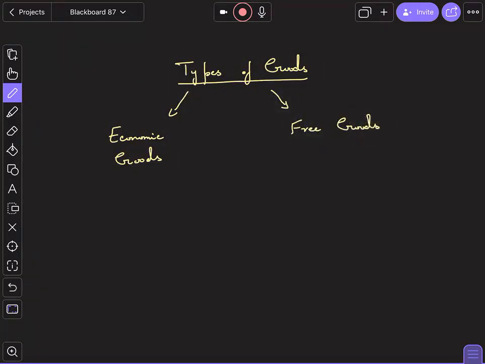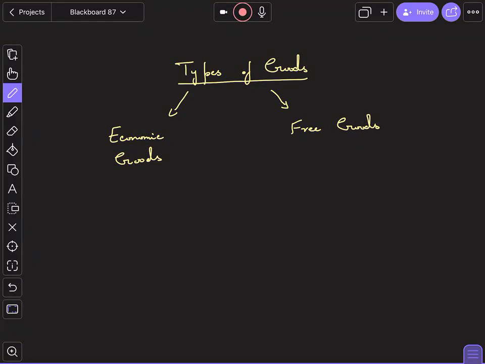What is the difference between economic goods and free goods? An economic good is one that is available in limited supply, and you have used your resources on the production of those goods. You have utilized scarce resources on the production of economic goods.